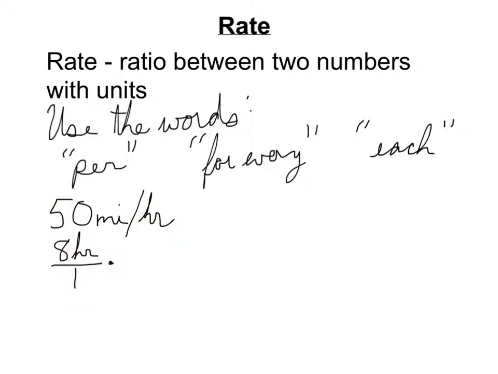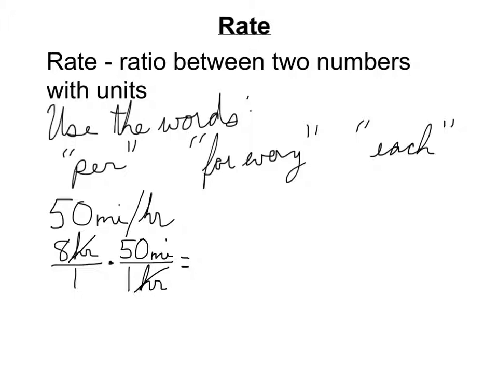So 50 miles for every 1 hour means I'm either putting 50 miles on top and 1 hour on bottom, or 1 hour on top and 50 miles on bottom. So in this case, since we have hours on top, I'm going to want my 1 hour on bottom. So 1 hour goes on bottom, 50 miles goes on top, and we do this so that the hours on top will cancel the hours on bottom.